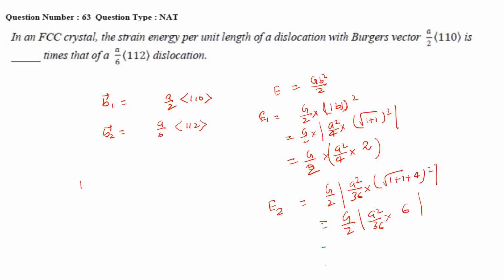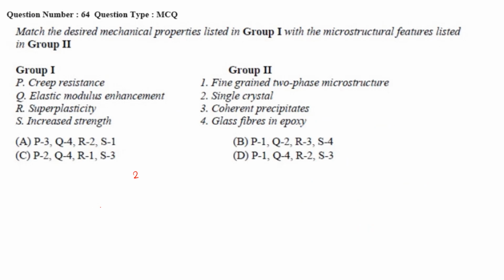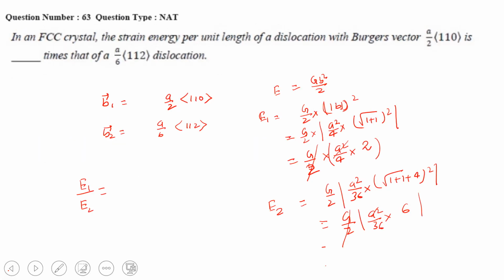So if you divide these two, E1 by E2, then G by 2 will cancel, a square by a square cancel. So 2 by 4 divided by 6 by 36, half into 6, that means 6 by 2, that means 3, right?